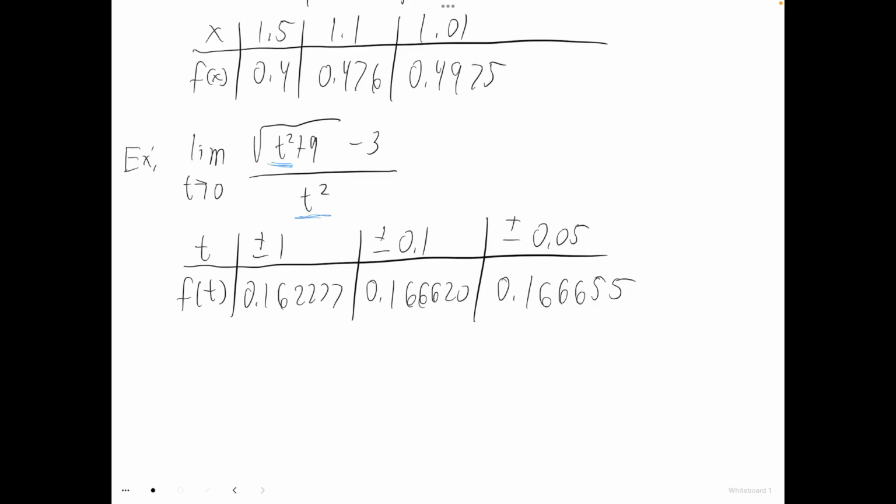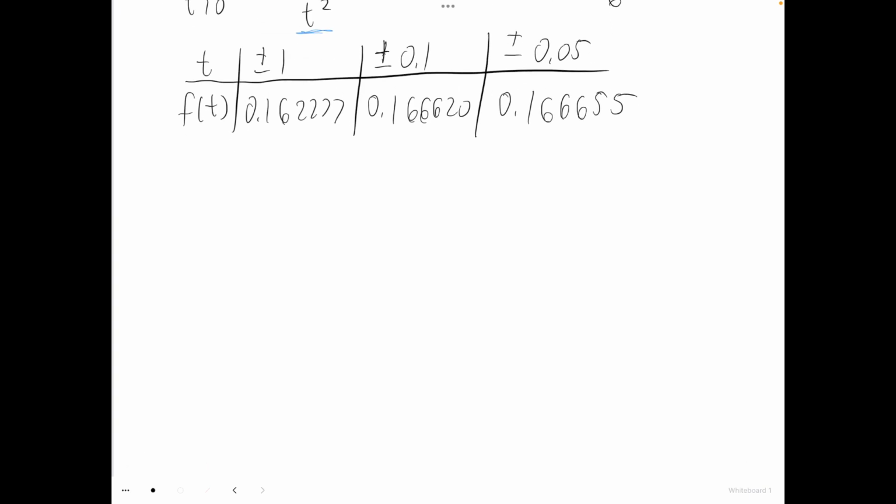And so it looks like we're approaching this value of 0.166 repeating, which actually is the value of 1/6. In the next video, we will talk about how to compute limits not just from a table, but from the formula, and we will see that we actually do get 1/6 in this limit.